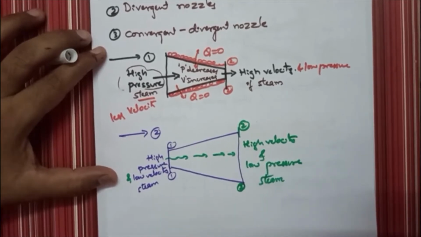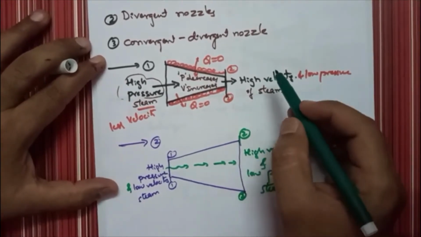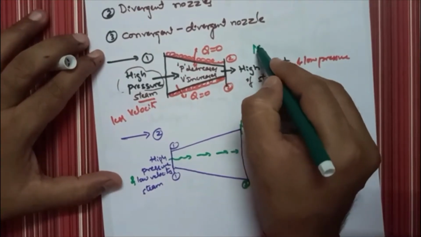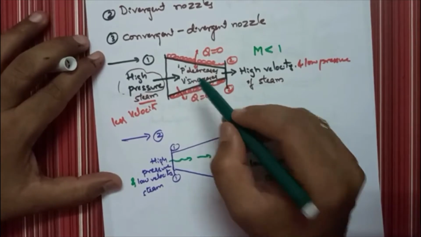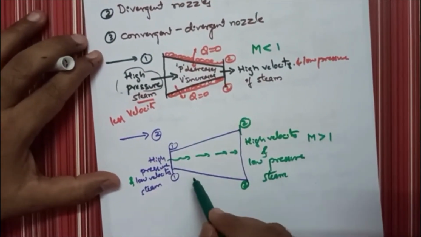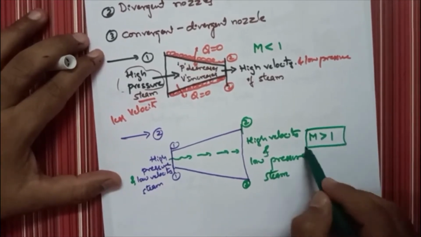What is the fundamental reason behind it? There is one parameter, the Mach number, M. Mach number is less than 1 in the convergent nozzle, and Mach number will be more than 1 in the divergent nozzle. In the next topic we will discuss what Mach number is.